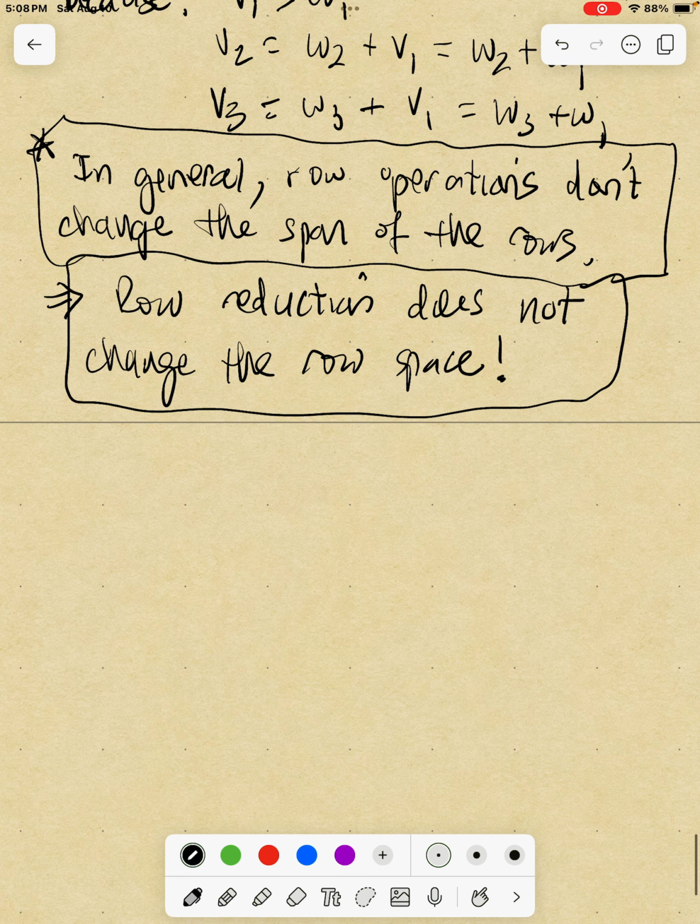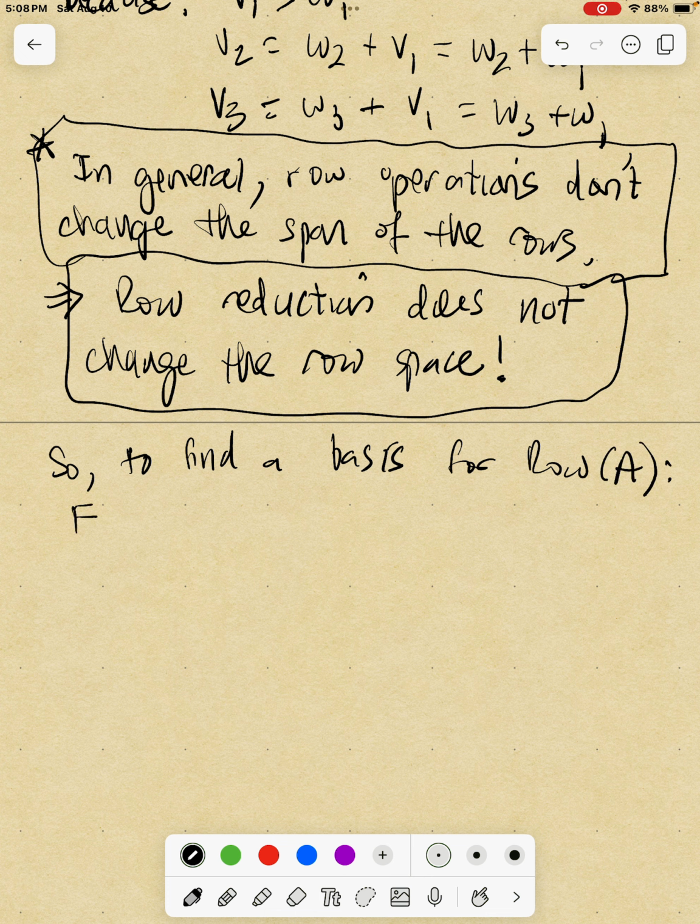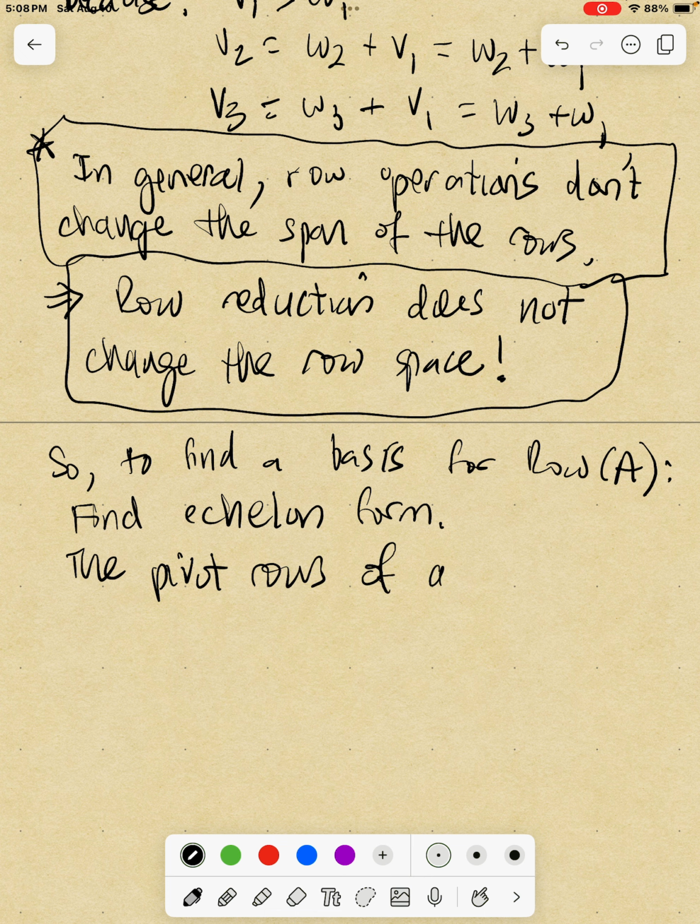So that's a good thing. So to find the basis for the row space of A, just find the echelon form, the pivot rows of an echelon form.